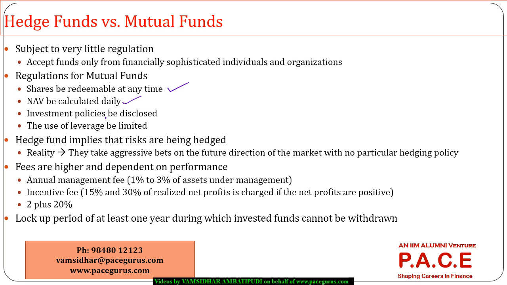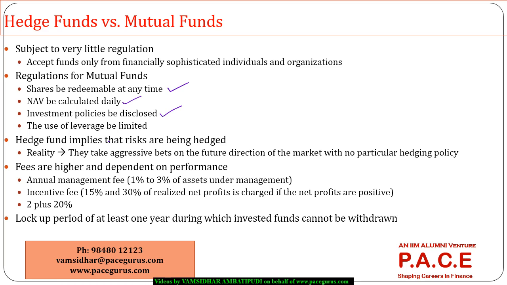NAV needs to be calculated daily based on the market value of the different assets that constitute the fund. So in what kind of assets the fund is investing, what is the investment strategy, all these things have to be very clearly disclosed in the prospectus itself.